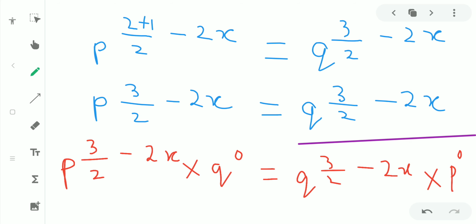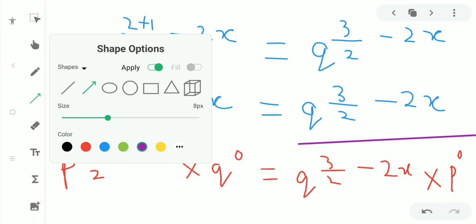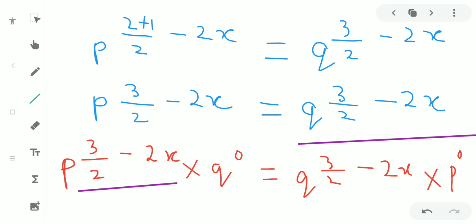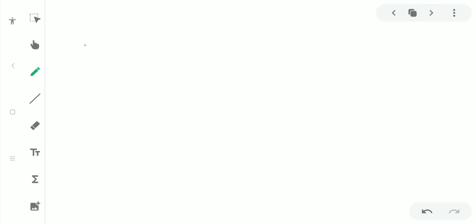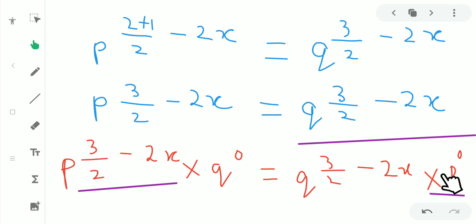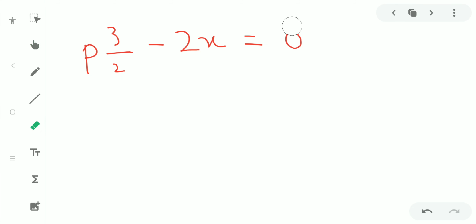So now, when bases are equal, powers are equated, as here we have p and p. So now just consider only the p value. I have underlined p for you. We have p power 3 by 2 minus 2x, which is equal to p power 0.